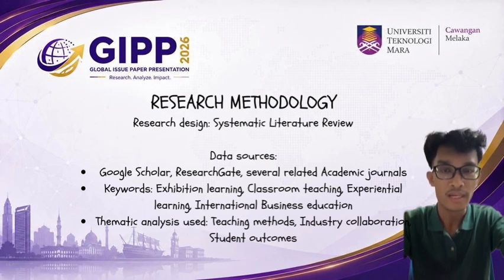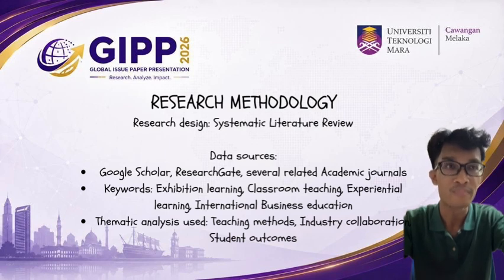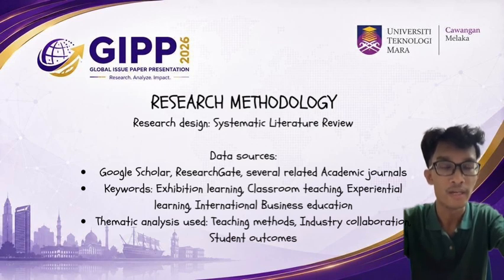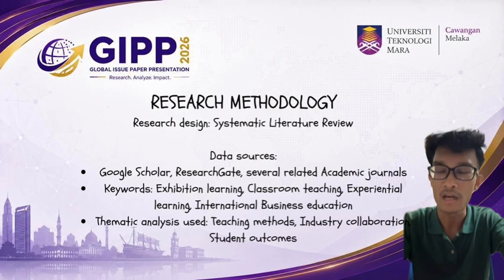And also, the key search terms I use to gather relevant literature include exhibition learning, classroom, experiential learning, and international business education, as well as the broad discussion about the business and related outcomes on the business school curriculum that produces great alumni and very important leaders in the organization.